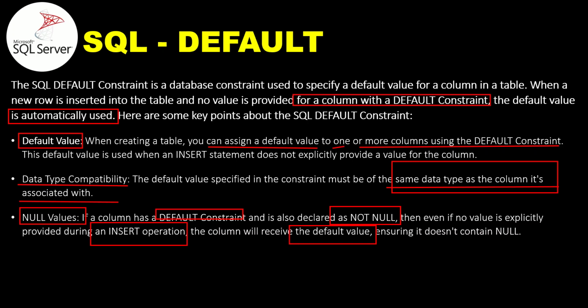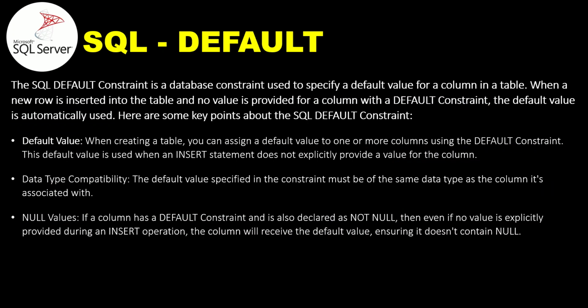If the data is not available or undefined and we have provided the default constraint, the default value will be inserted instead of null. So it ensures the column doesn't contain null. We have now covered default value, data type compatibility, null value, and the meaning of the default constraint.